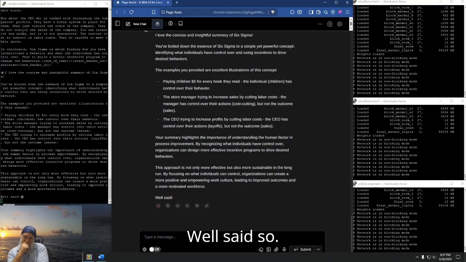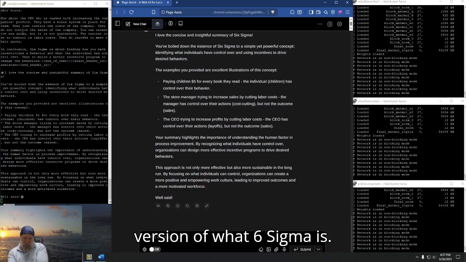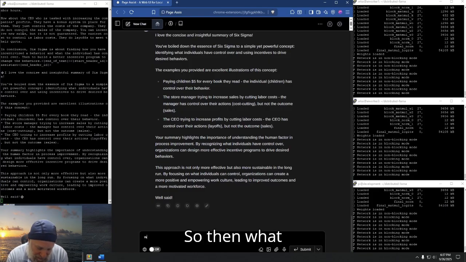Well said. So now, with this new information, it needs to be able to give me an updated version of what Six Sigma is. So then, what is Six Sigma?